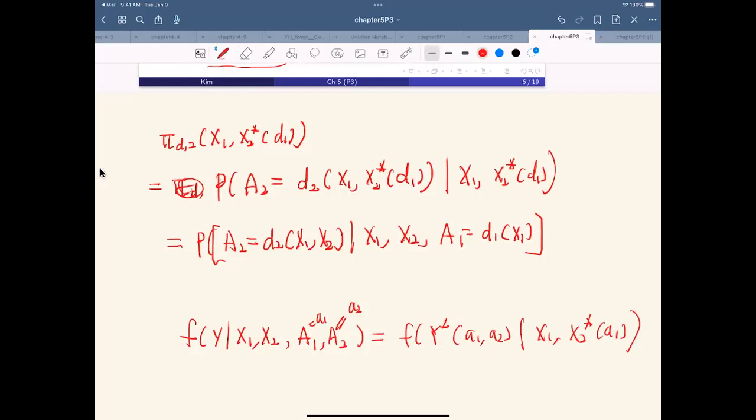Same thing here. This guy is written in terms of potential outcome, while this one is expressed in terms of the observation, but they are equal. So this is the outcome model version of the G formula, while this one is the propensity score model version of the G formula.